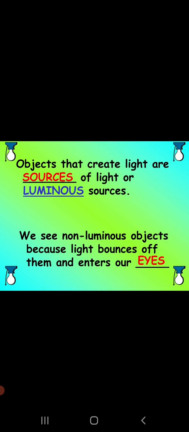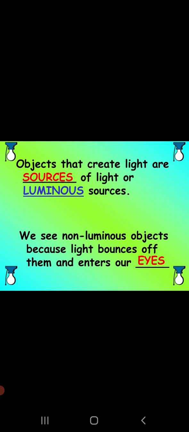Now children, if you recall your previous classes, you have studied about the luminous objects, non-luminous objects, right? Objects that emit their own light are called luminous objects. And the ones which don't have their own light are called non-luminous objects, like table, chair, paper.